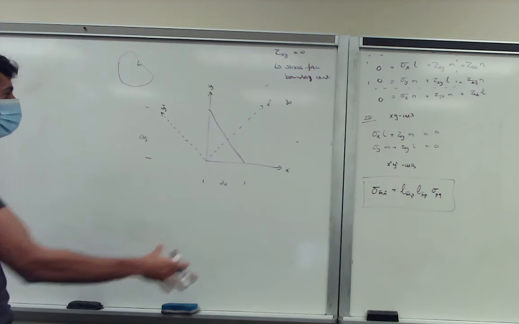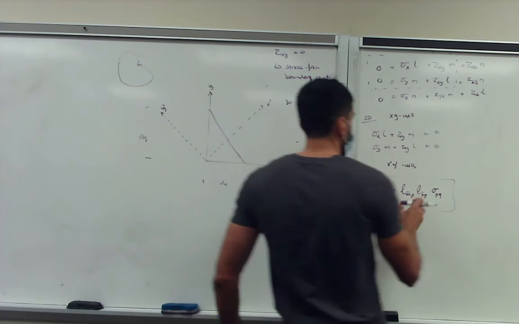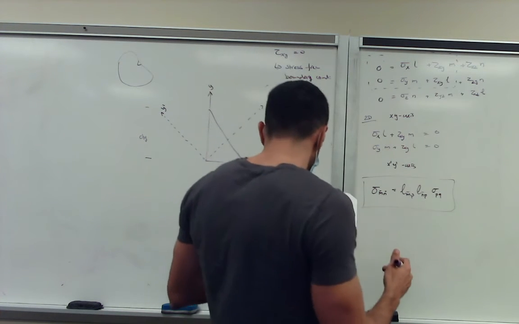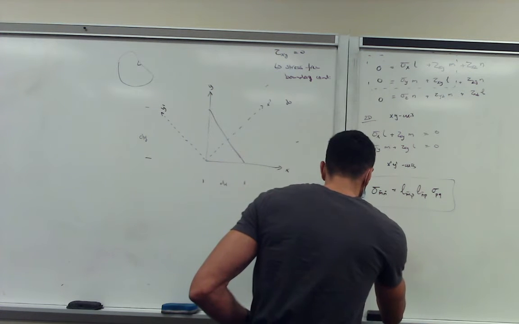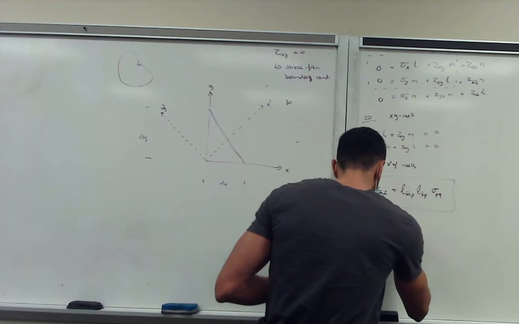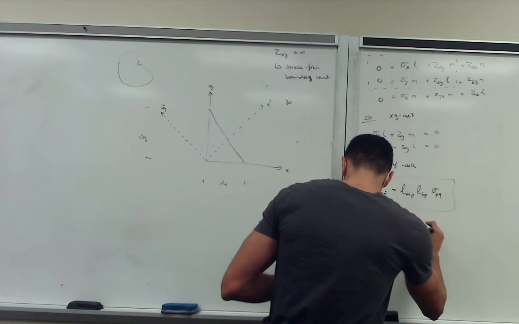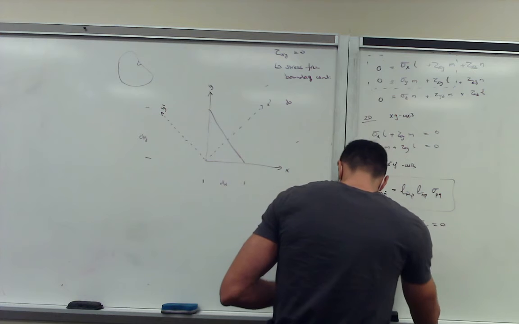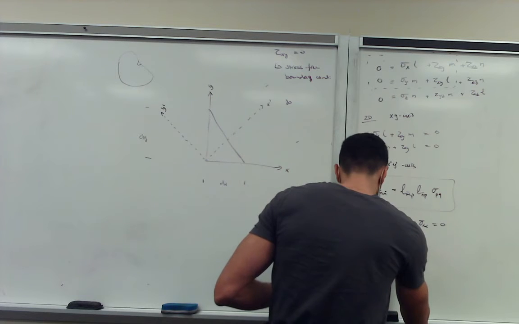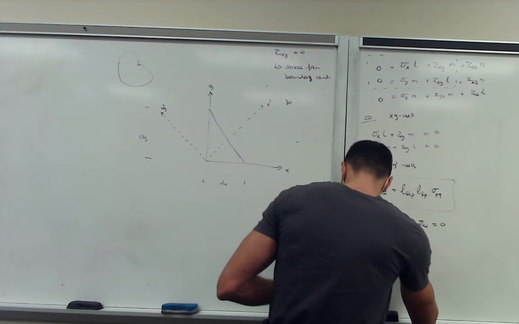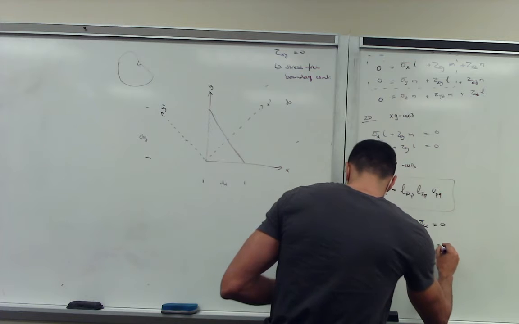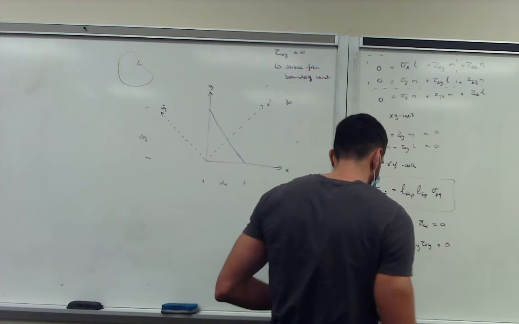But with that said, if you do a coordinate transformation using this in mind, we can get a new transformation of sigma x in our new axis, and that will equal Lxx, Lxx, sigma xx, 0, and tau xy is equal to 0.